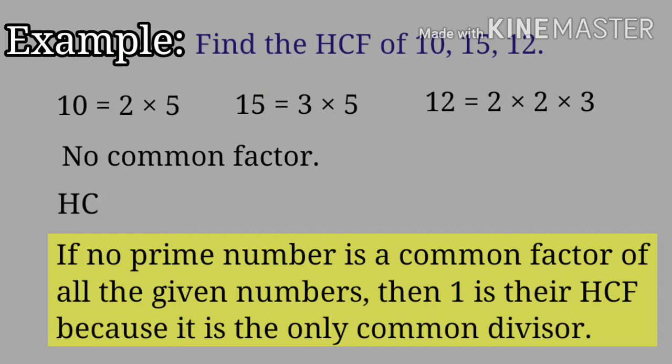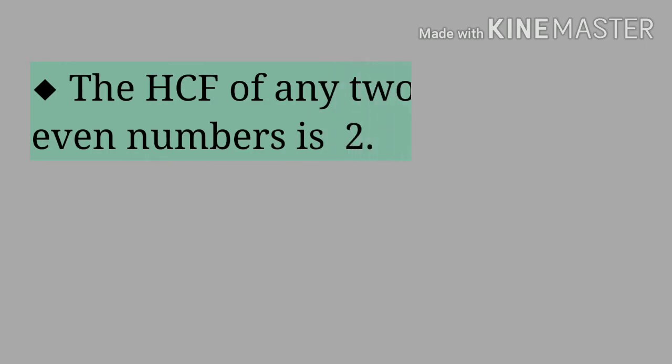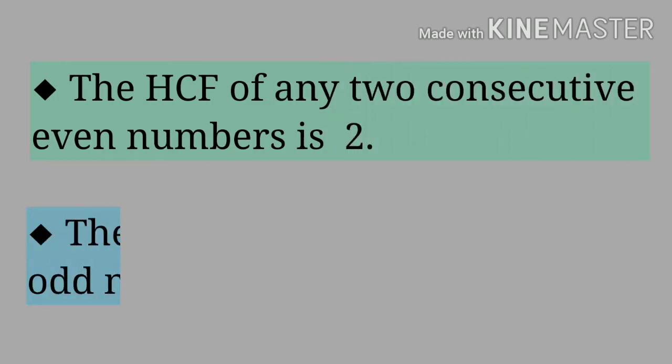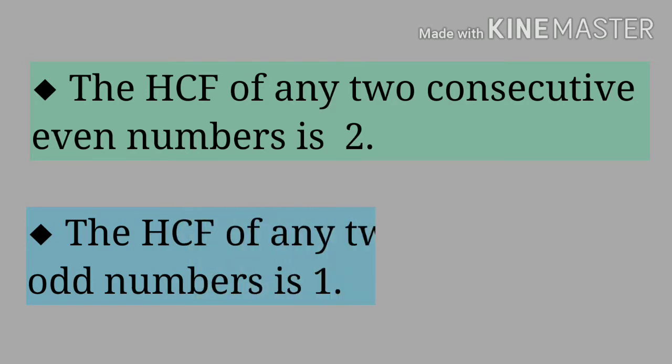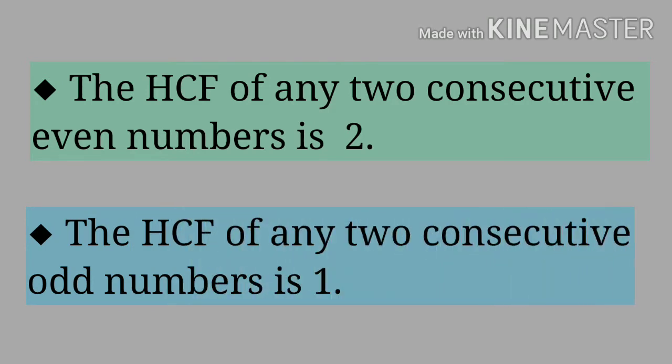So the HCF of these numbers is 1. Also note that the HCF of any two consecutive even numbers is always 2, and the HCF of any two consecutive odd numbers is 1. You can verify these rules by taking many different examples.